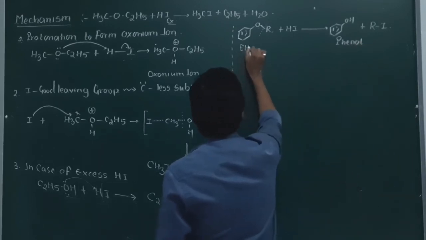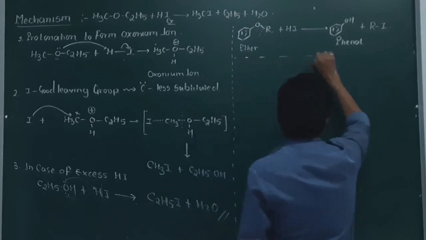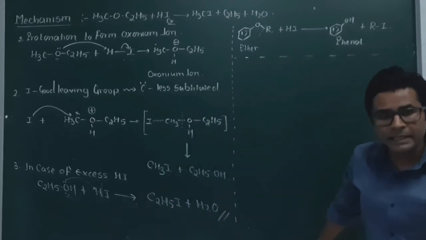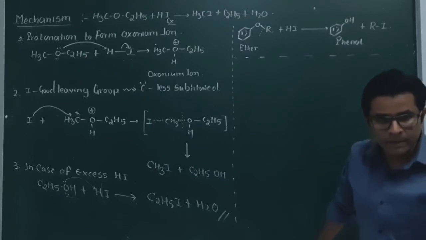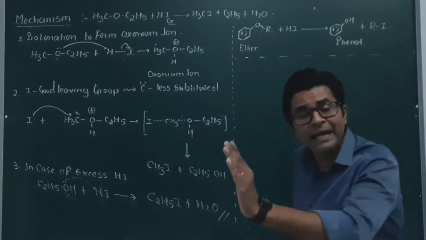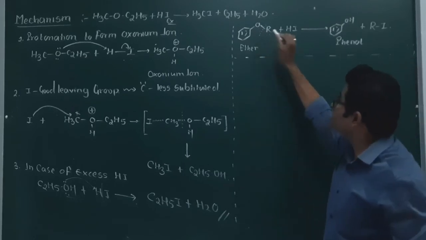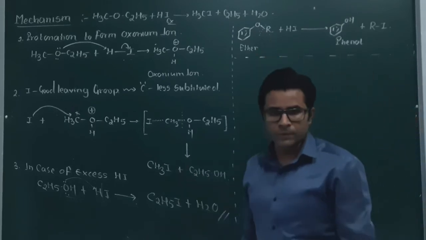This is ether. So in case we are using a particular ether containing an aromatic system, the bond between oxygen and aromatic system remains undisturbed, while the bond between oxygen and the alkyl system breaks down.